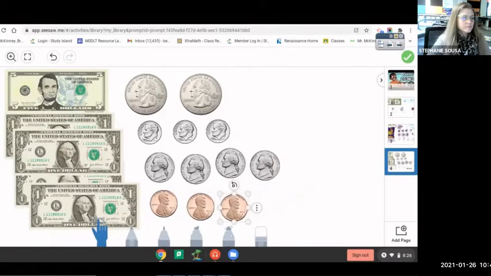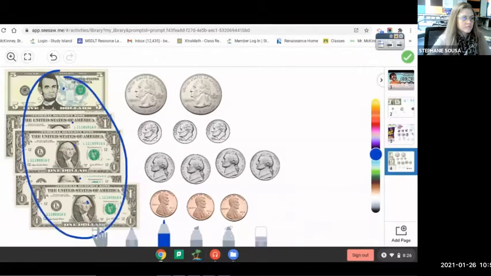All right, so let's count up our money. We have $5. Then we have 6, 7, 8, 9. So far in this group, we have $9. Now let's count our coins.